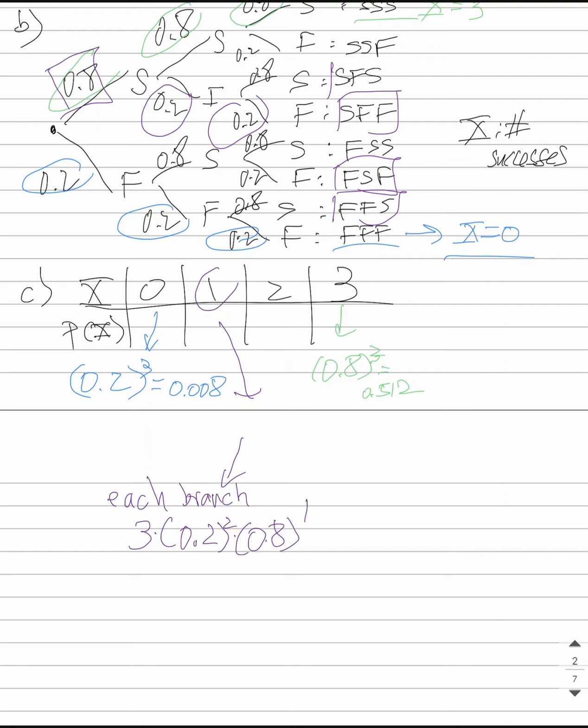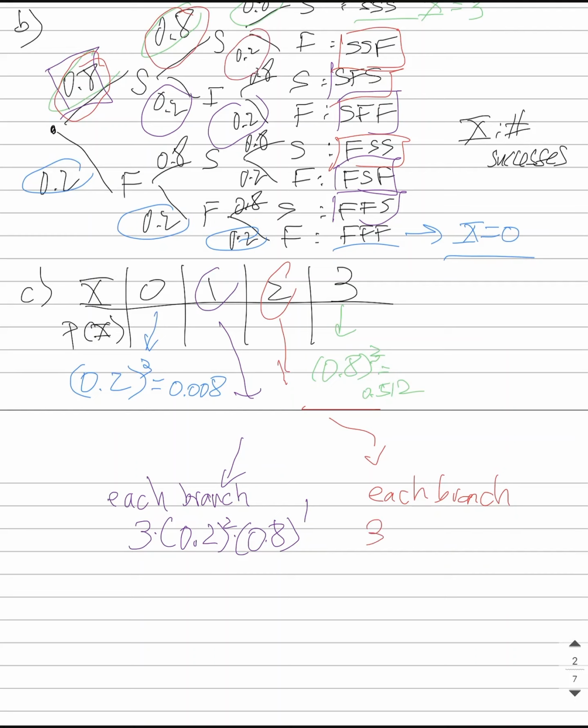Now, finally, if I'm interested in the case of 2 successes, I've got 1, 2, 3 of these outcomes, and I calculate things in exactly the same way. Each branch, if you take a look at any one of the branches leading to 2 successes, there are 2 S's and 1 failure.